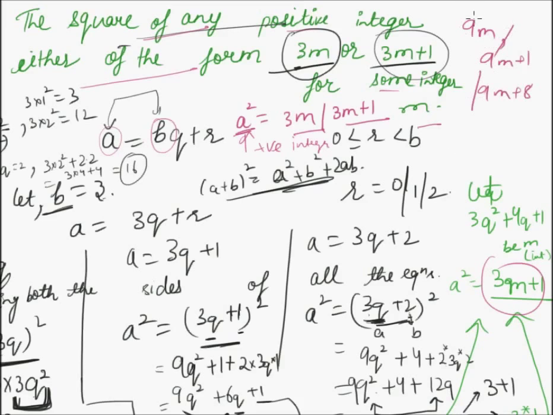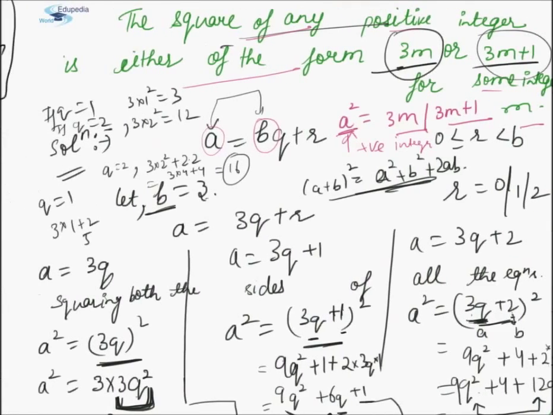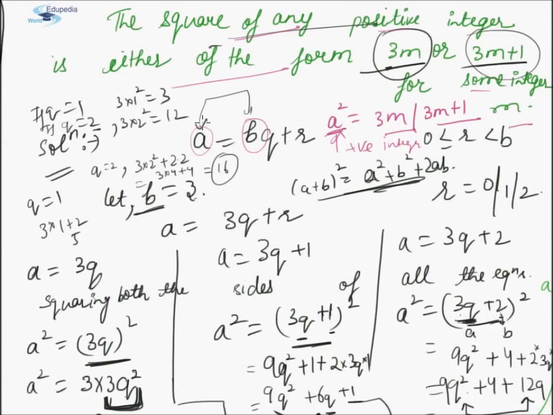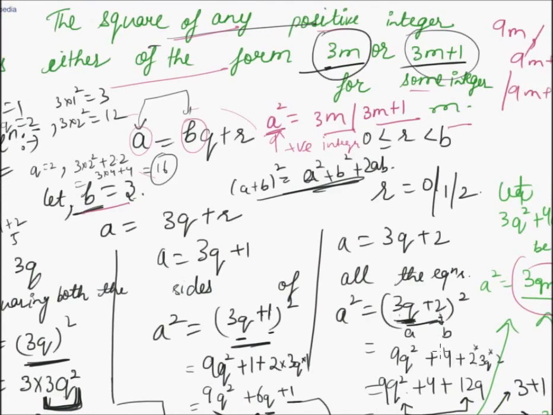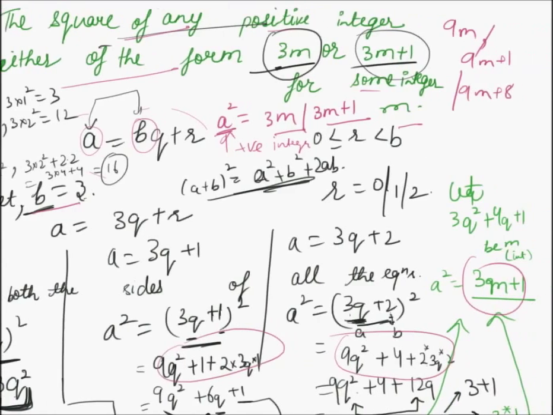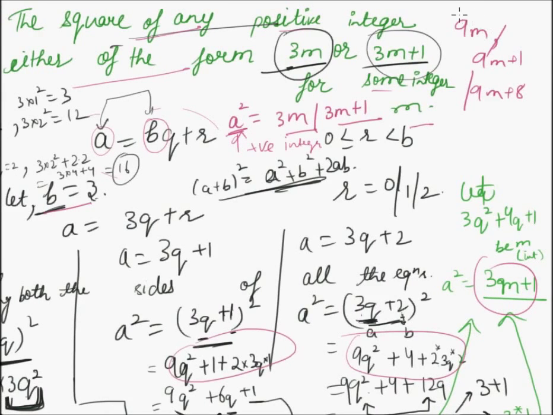So for that question, first write the Euclid Division Lemma, take the value of b as 3, then make the cube on both sides for the different equations formed. Then perform the manipulation as we have done here in different parts, and you will get the proof of the statement that the cube of any positive integer is of the form 9m or 9m plus 1 or 9m plus 8.